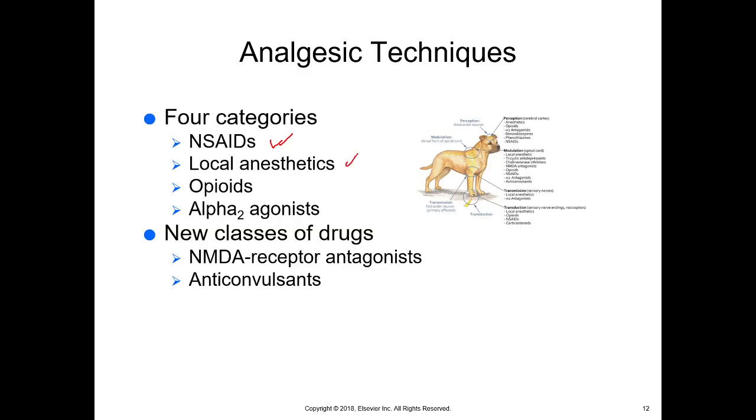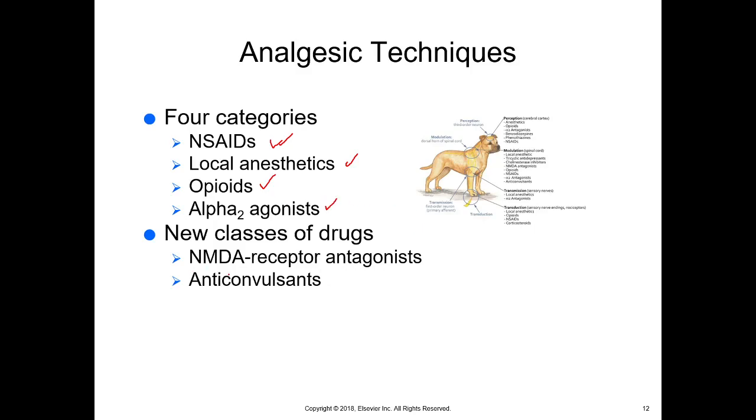Local anesthetics like lidocaine can help block the nerve transmission. Opioids are very helpful with pain relief because they affect receptors in our brain and body, which produces natural pain relief. Alpha-2 agonists do similar things.